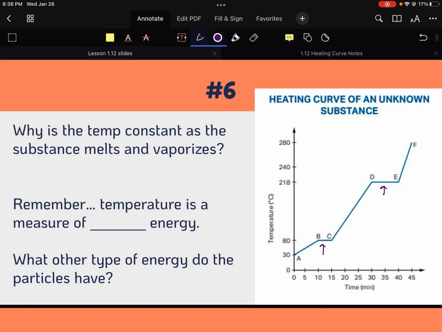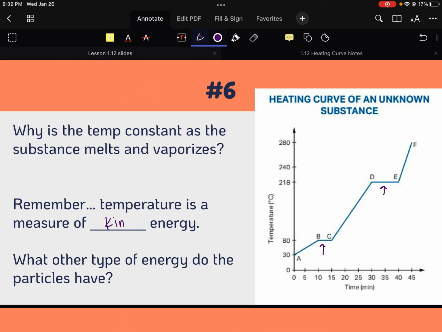But in reality, it kind of pauses. The temperature reaches the point where the solid will melt, and then it stops increasing until your substance is all a liquid. Once everything is a liquid, then the temperature starts increasing again.